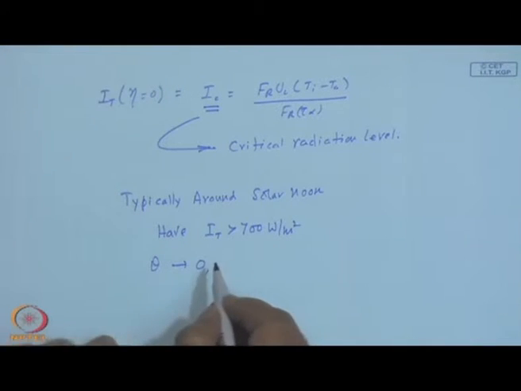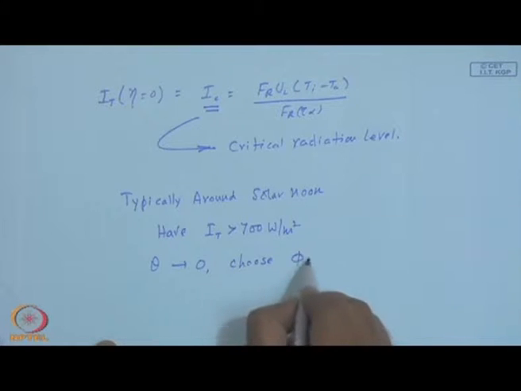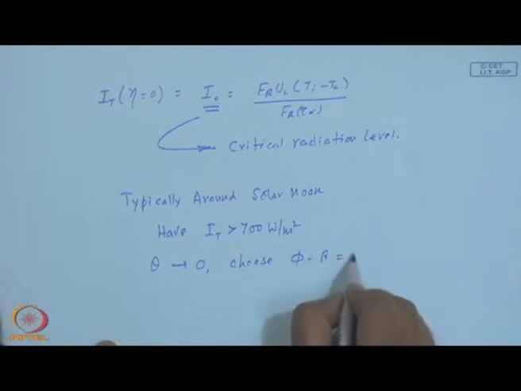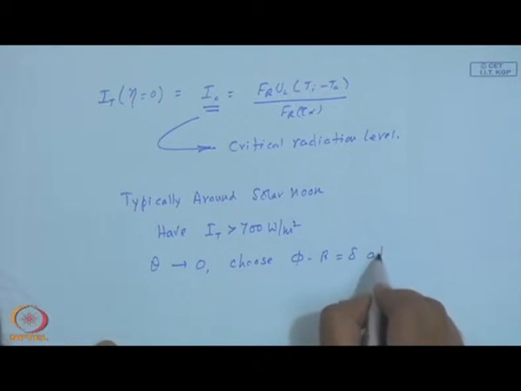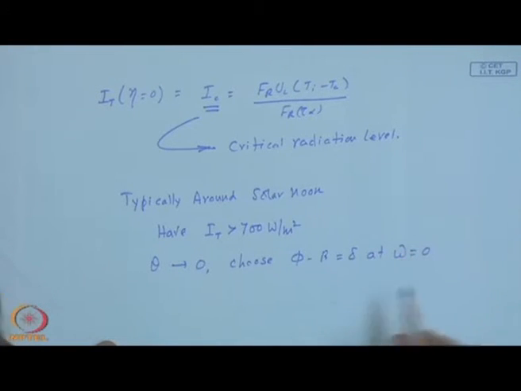That means, if you choose for example, phi minus beta equal to delta at omega equal to 0, theta is 0.